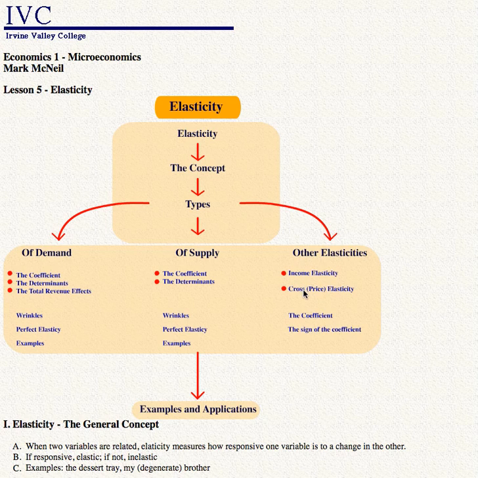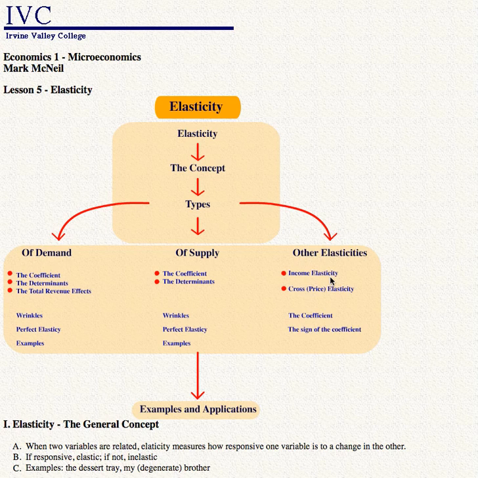Cross-price elasticity measures the percentage change in the quantity of good A as a result of a change in the price of good B. This looks at related goods. Cross-elasticity looks at related goods. So with income elasticity, if income goes up and the quantity purchased goes up, then it'll be either elastic or inelastic, depending on whether the ratio is greater than, equal to, or less than 1.